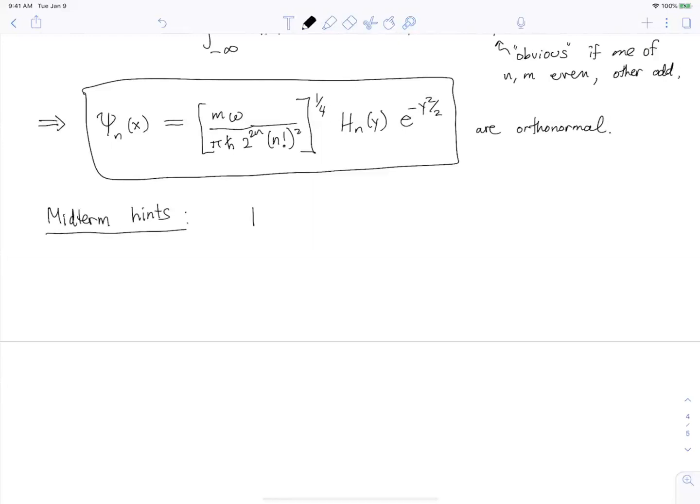So one is on part 1e, what you should find is that there's a degeneracy relevant there. The eigenvalues are degenerate. And so you're going to be using equations 3.1.3 and 3.1.7.